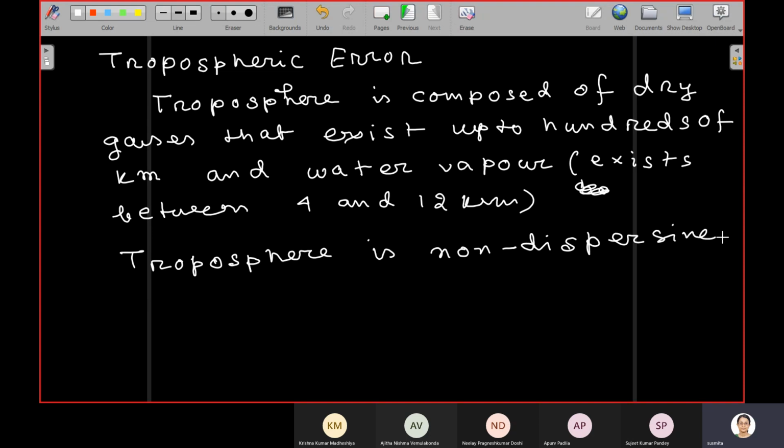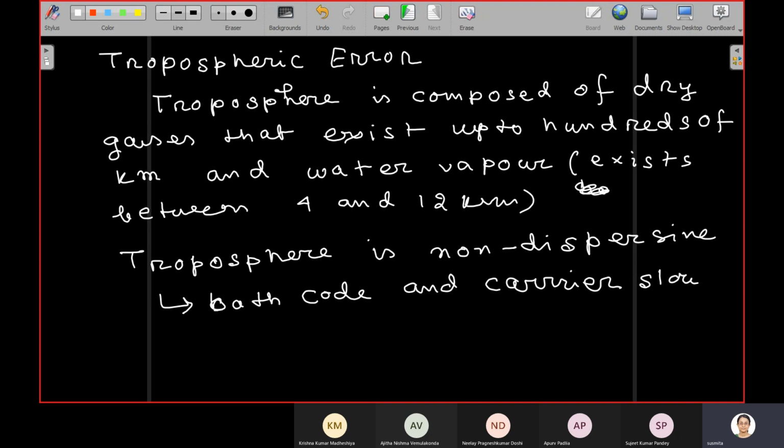So, what does it imply? Both code and carrier slow down while traveling through the troposphere, and they travel at the same speed.